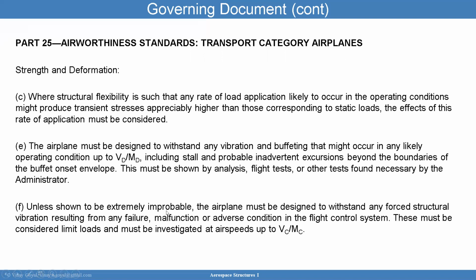Unless shown to be extremely improbable, the airplane must be designed to withstand any forced structural vibration resulting from any failure, malfunction, or adverse condition in the flight control system. These must be considered limit loads and must be investigated at airspeeds up to the cruising speed.